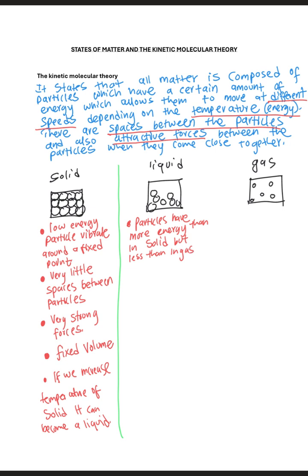The energy is more because in a liquid the particles are freer to move around more than they can in solids. When they are in the gas phase, the particles are far from each other, so obviously they have more energy.